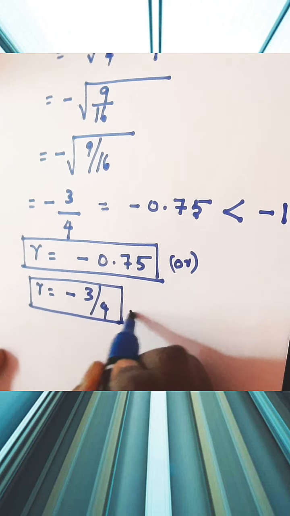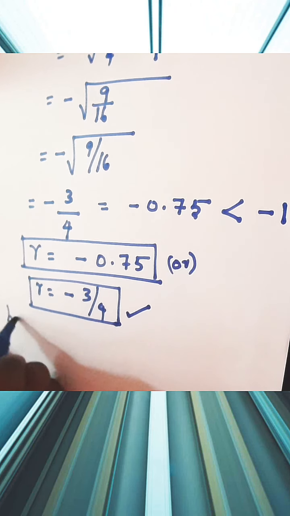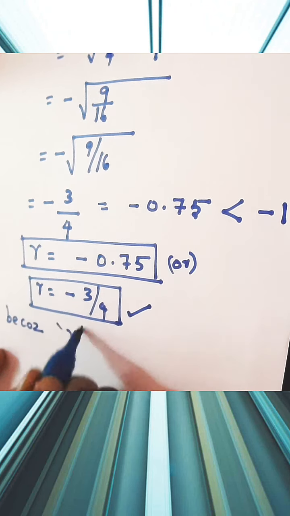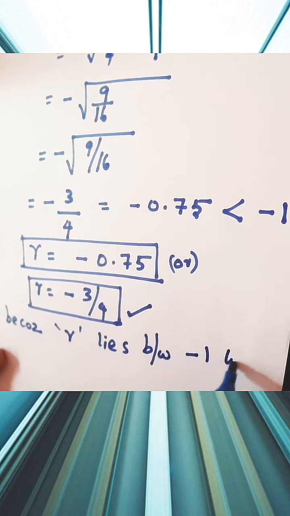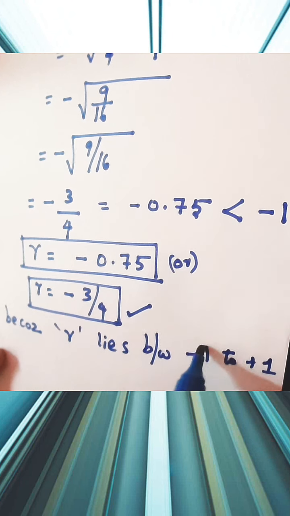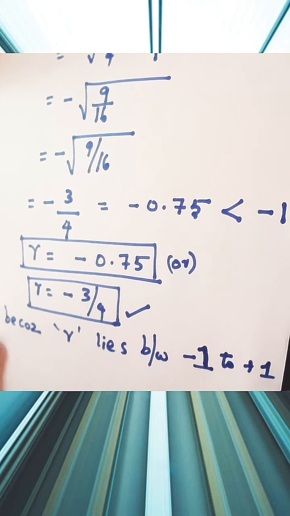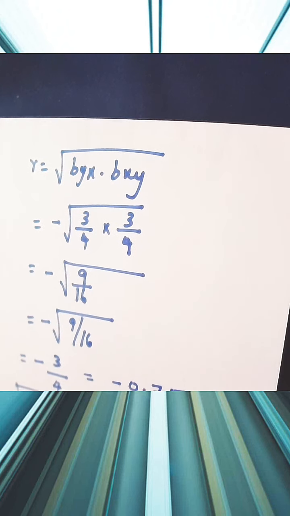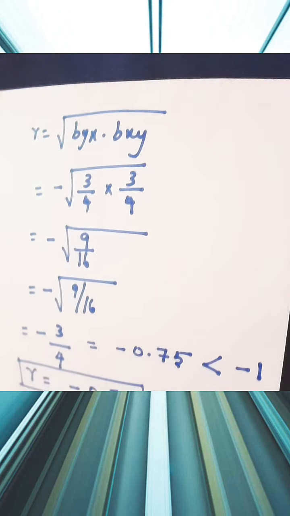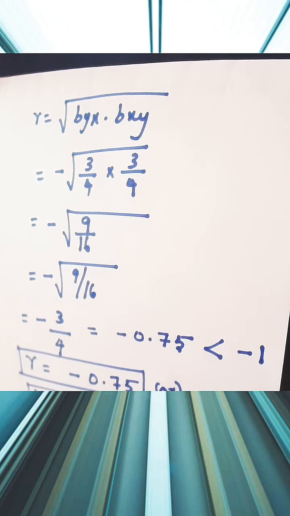Why are we saying this answer is correct? Because r lies between negative 1 and positive 1. It should satisfy this condition. Now our second assumptions are correct. The value of byx is negative 3 by 4. The value of bxy is also negative 3 by 4.